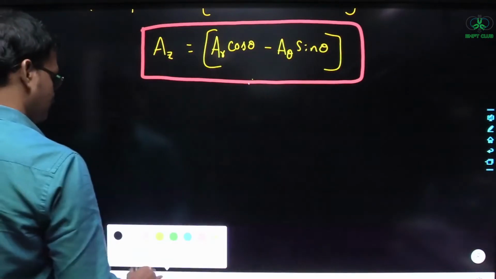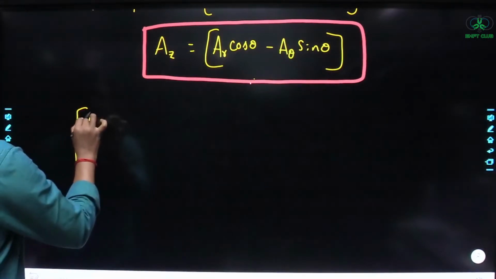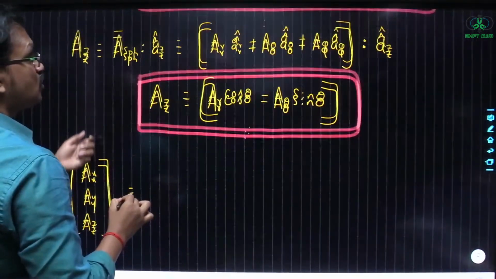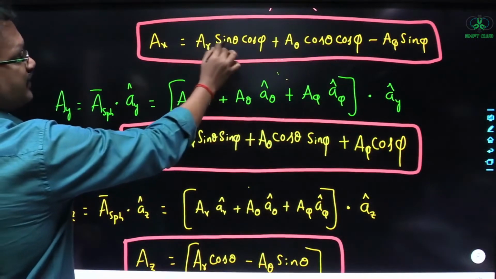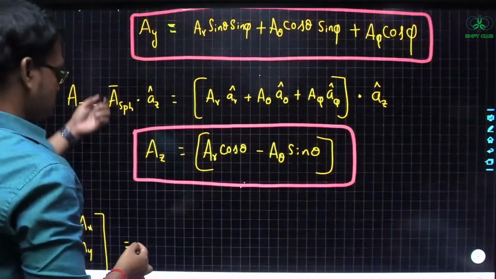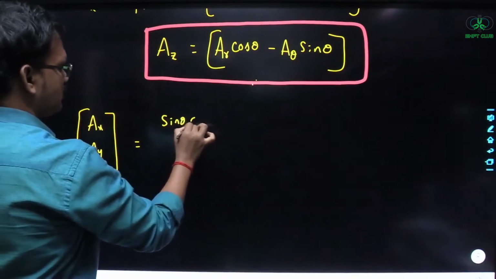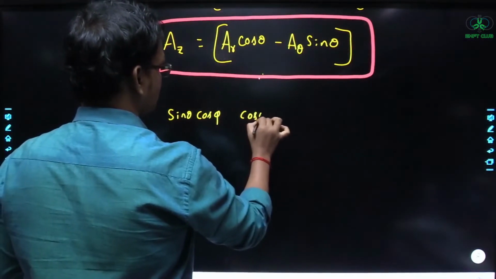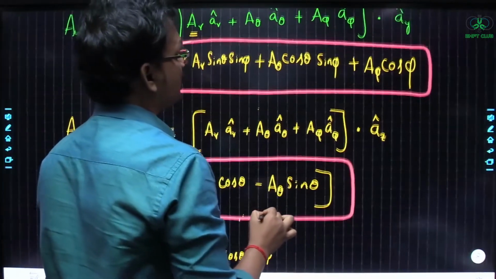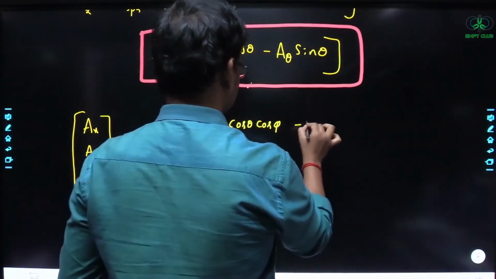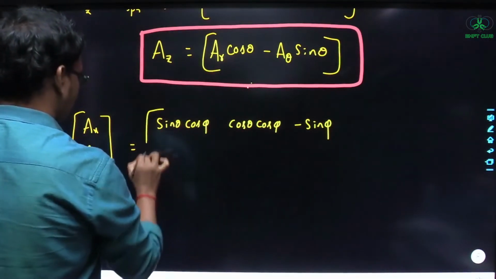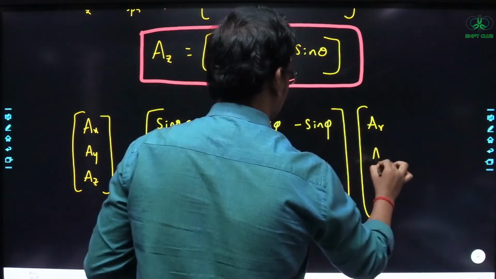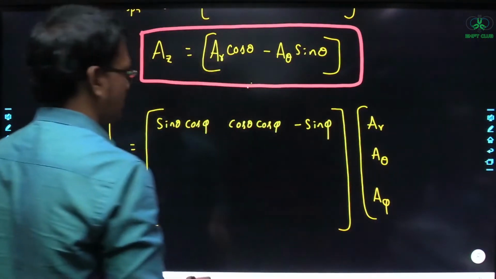See here, AX, AY, AZ is equal to the matrix with first row sin theta cos phi, cos theta cos phi, minus sin phi, multiplied by AR, A theta, A phi.